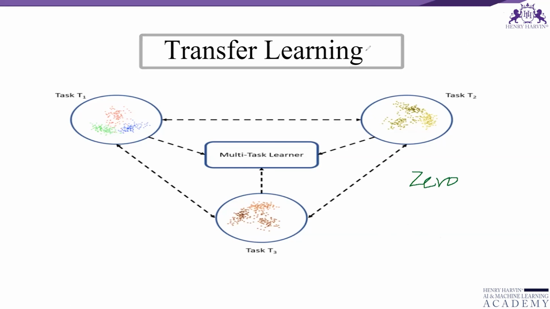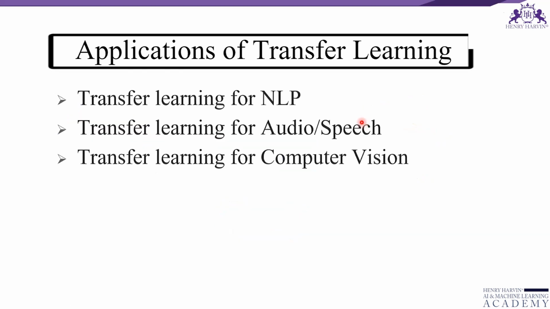Now let us try to understand the applications of transfer learning. In NLP, textual data presents all sorts of challenges when it comes to ML and deep learning. Text is usually transformed or vectorized using different techniques. Embeddings like word2vec and fastText have been prepared using different training datasets.